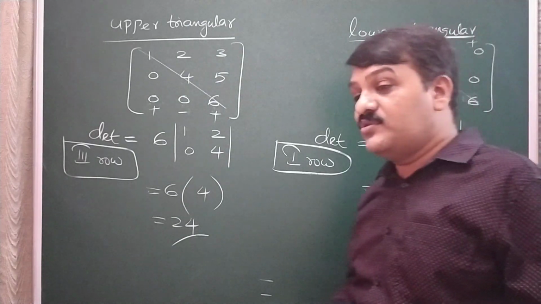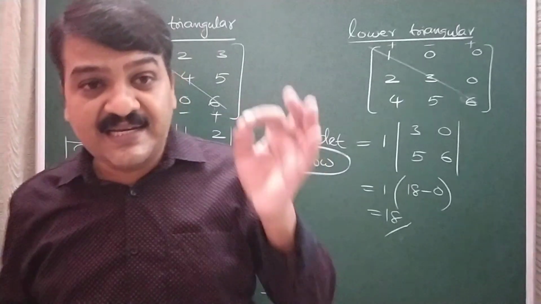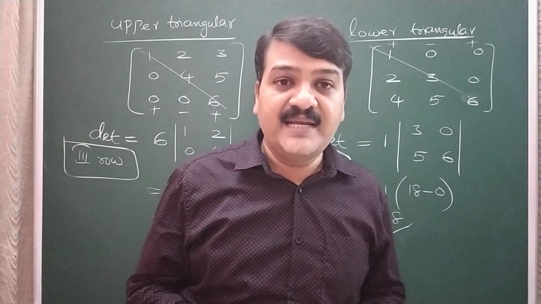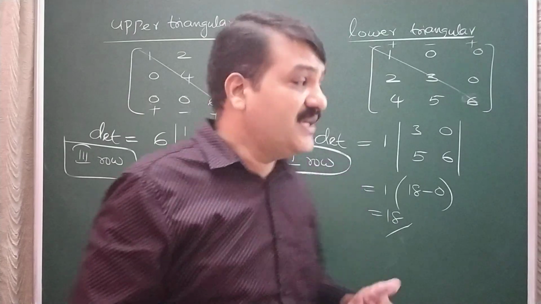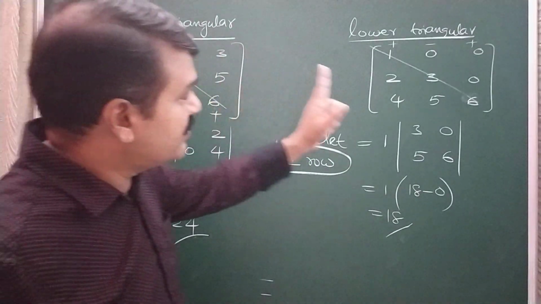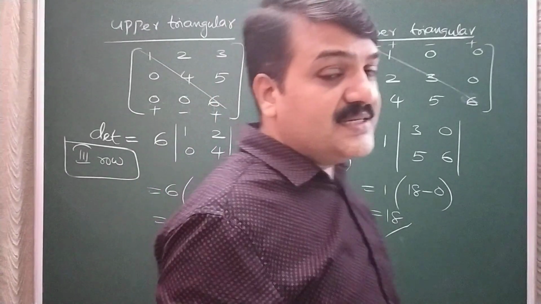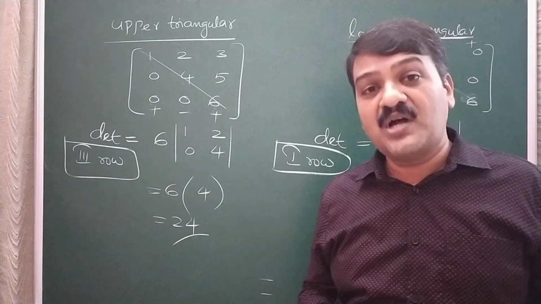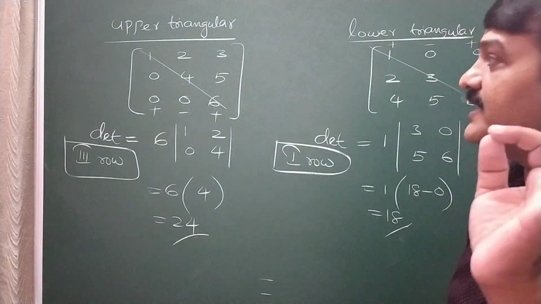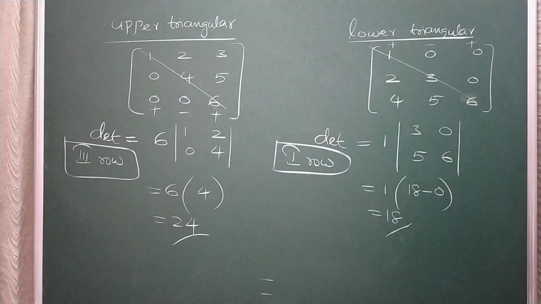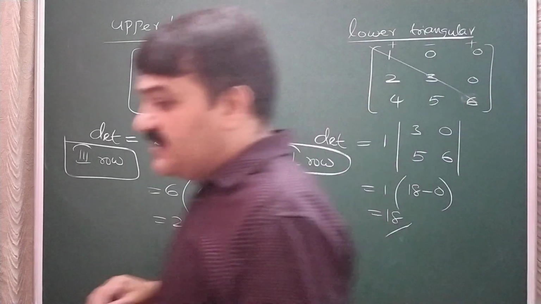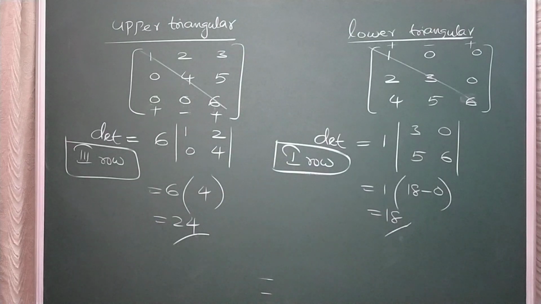Okay. So what you have to remember: for a diagonal matrix, the determinant is the product of diagonal elements. And even for upper triangular or lower triangular matrices, the determinant is a product of diagonal elements. So this is a very important property that you have to remember regarding how to find a determinant.